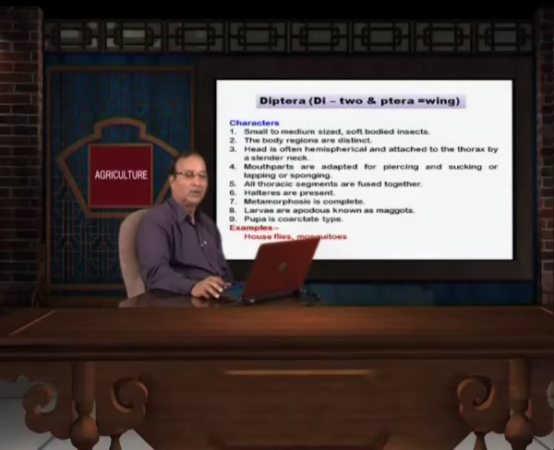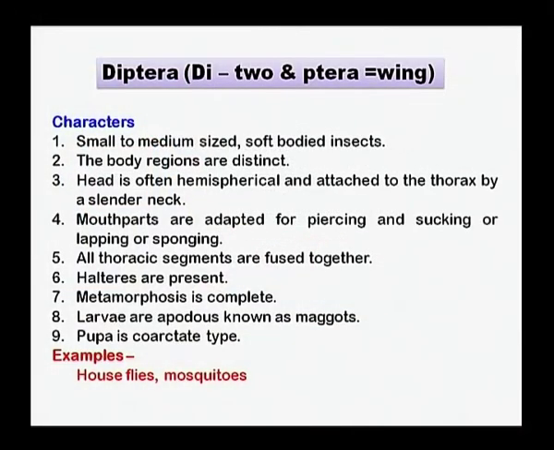Now, coming to the Diptera, this is one of the important orders of agricultural importance, where Di stands for two and Terra means wings.